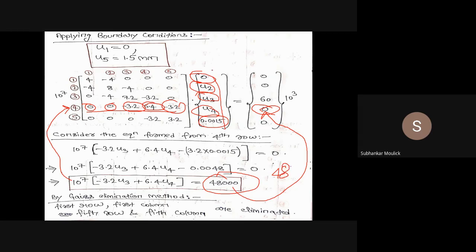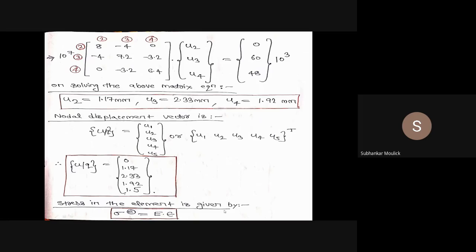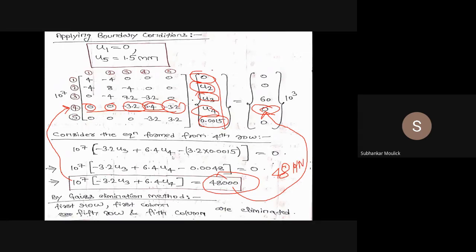Now I got one more value. Earlier I got U1 equal to 0, U5, and F3, 60 kilonewton. Now I got F4 equal to 48,000, that means 48 kilonewton.